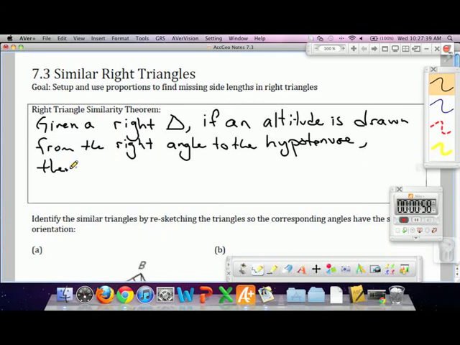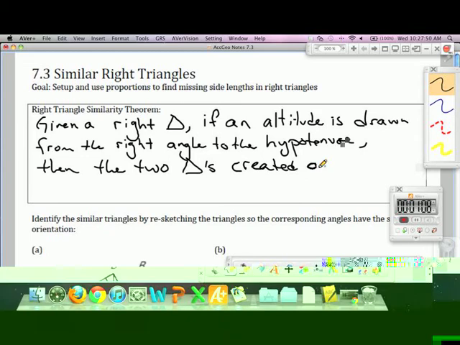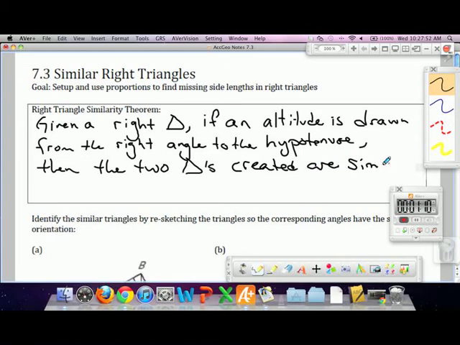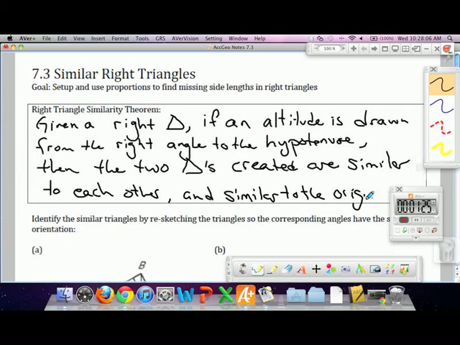Then the two triangles created are similar to each other and similar to the original triangle.